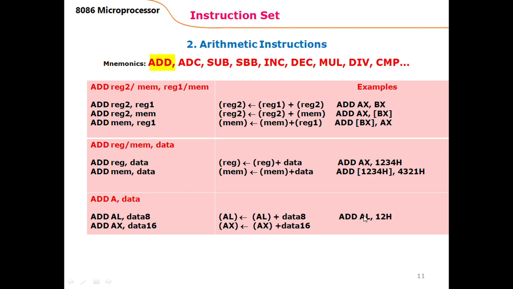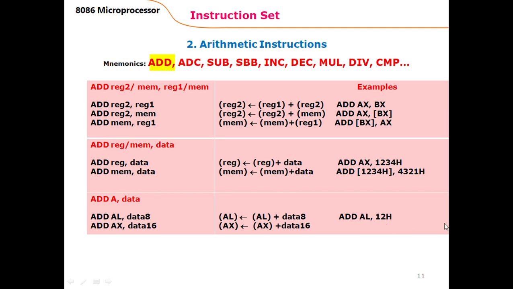For example, ADD AL, 12H. So this 12H is an 8-bit value, and this 8-bit immediate value is added with the 8-bit content of the AL register, which is the low byte of the accumulator.